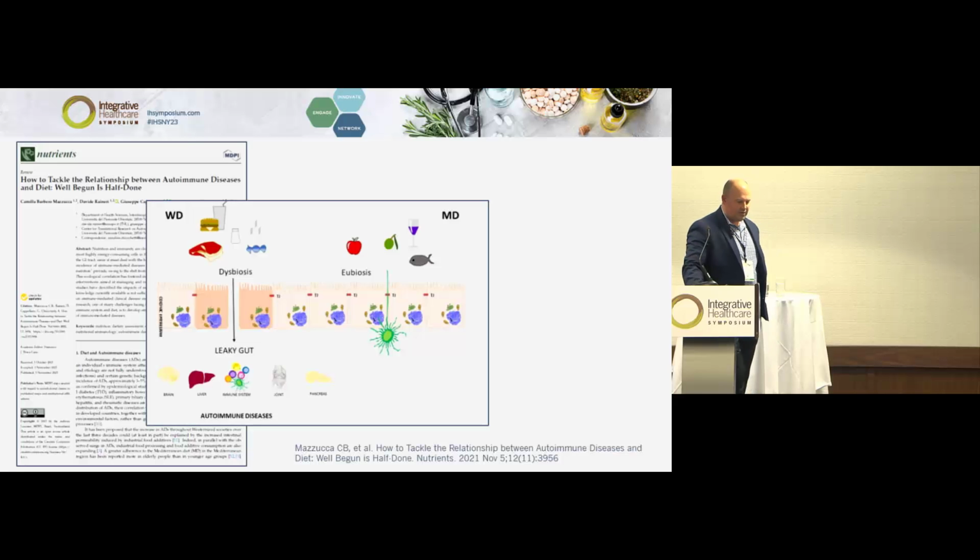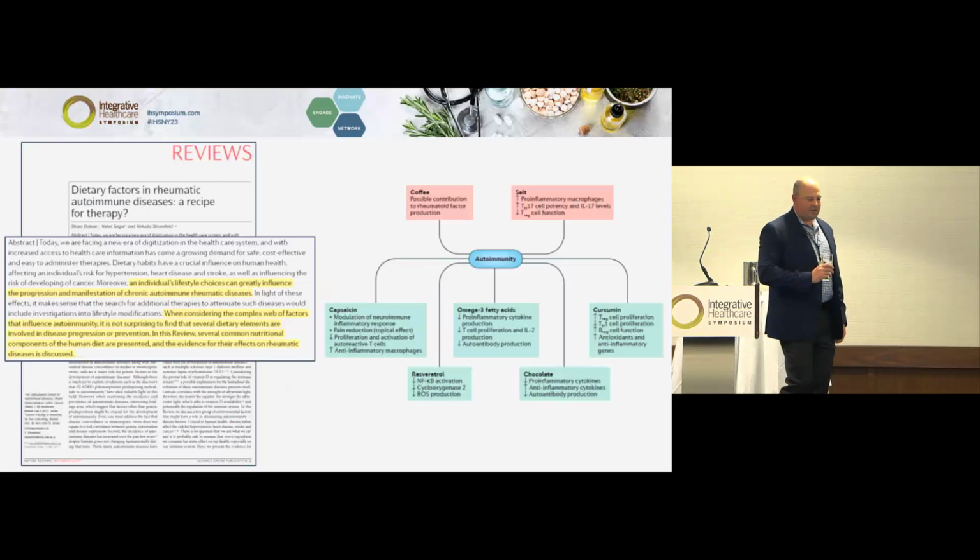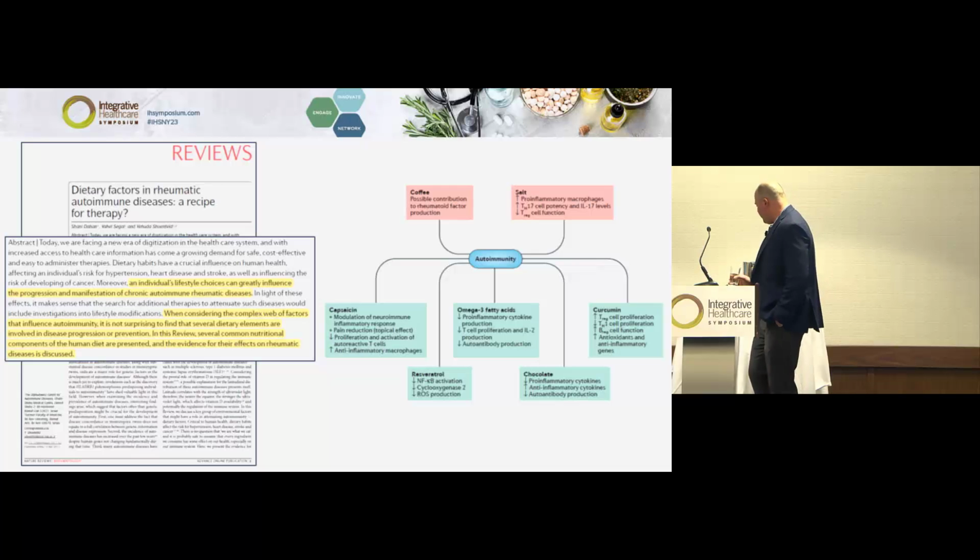So here's another article by Yashanda Schoenfeld, and this talks about some of the different dietary factors in rheumatic autoimmune disease. So what I would say with some of the nutrients in the next few slides, even if you're not doing any testing at all, we can be optimizing people's essential fatty acids and curcumin.